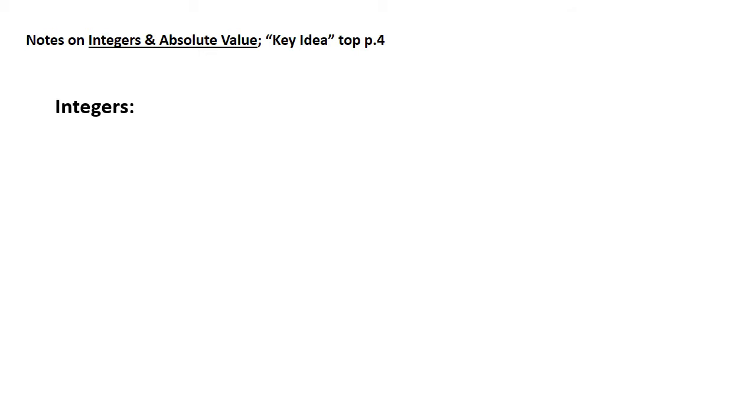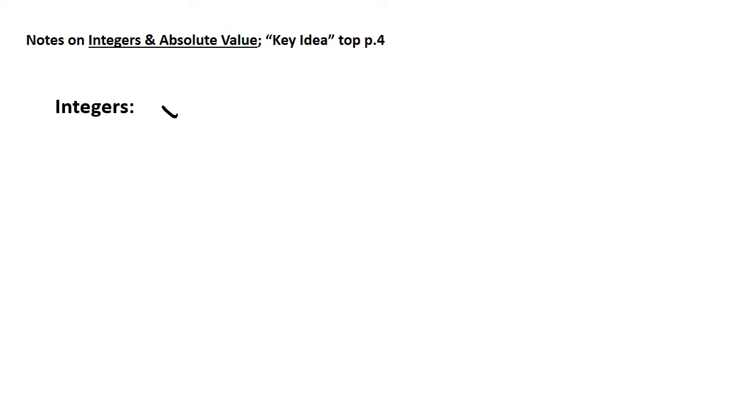First of all, whole numbers are counting numbers: 1, 2, 3, 4, and 5. Those were the first ones you learned when you were a baby. Your parents taught you to count. Then you make them whole numbers by adding a 0 to that set of numbers. So 0, 1, 2, 3, 4, 5. And then you make that set integers by adding the opposites of 1, 2, 3, 4, 5, which would be negative.